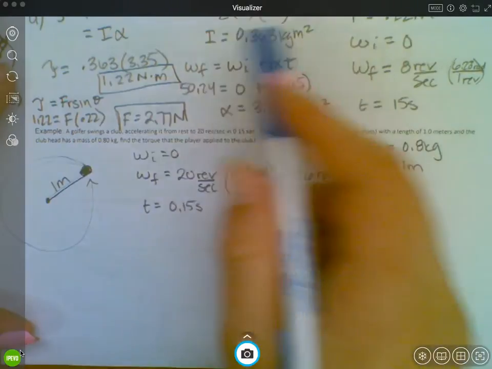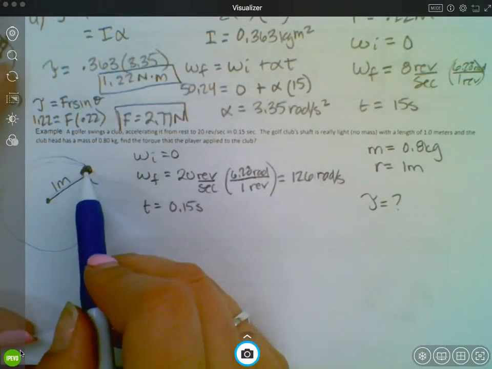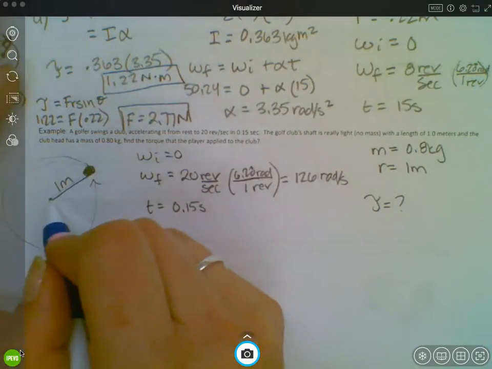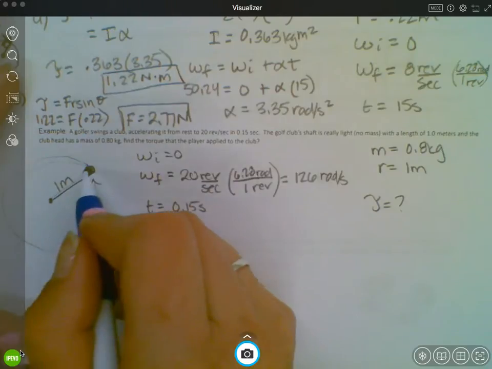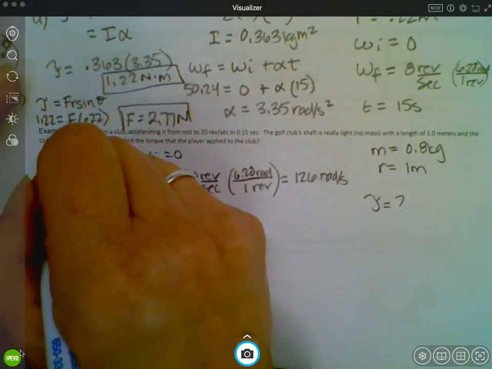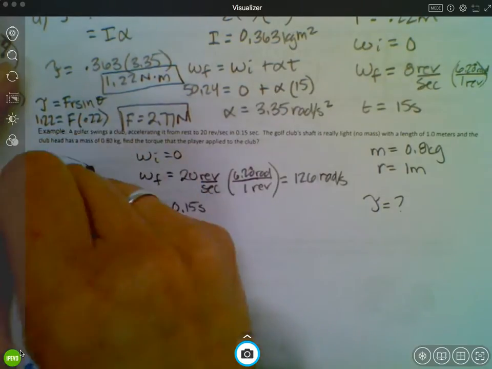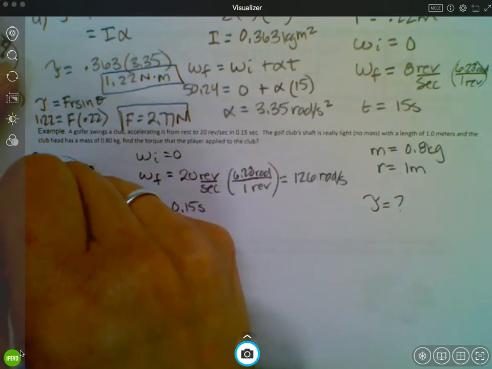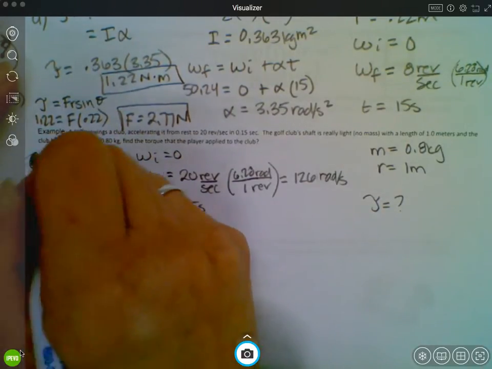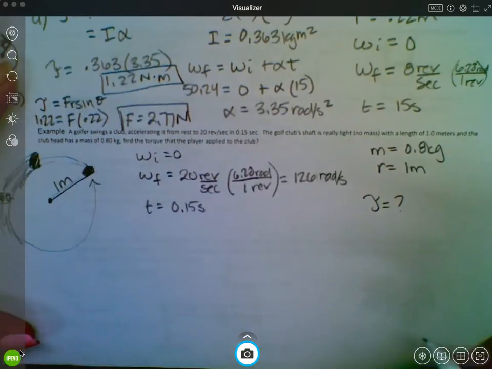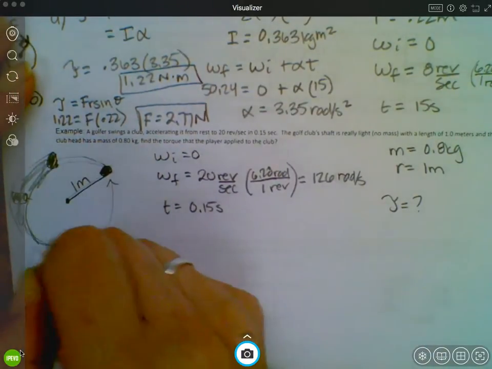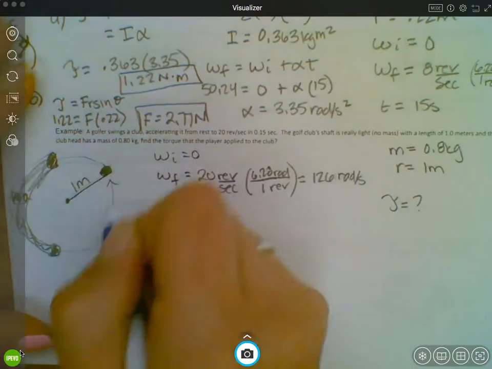Okay. We're going to do it the same way we did this one, except for now we have to figure out what shape this is basically represented by. We're ignoring the golf club part. We're just only taking into account the head. So if you can imagine, as this goes around, it's like a mass. And if you drew one of these at every single spot, you would notice that this actually becomes sort of like a hoop of mass.